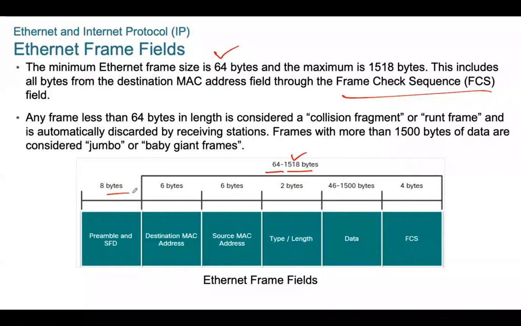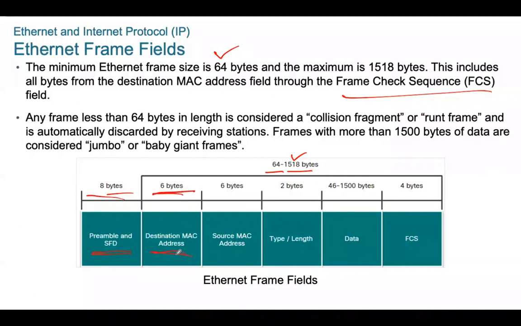In the frame, the first 8 bytes are used for the preamble and the SFD, which we call the start frame delimiter. By using this, it alerts the receiver that the frames are coming now. After that, 6 bytes are used for the destination MAC address.